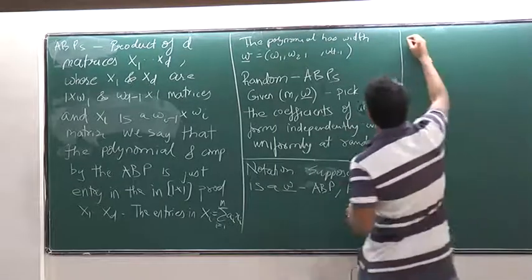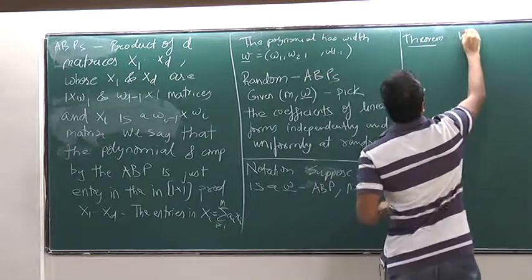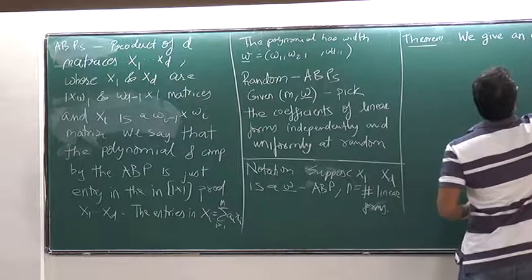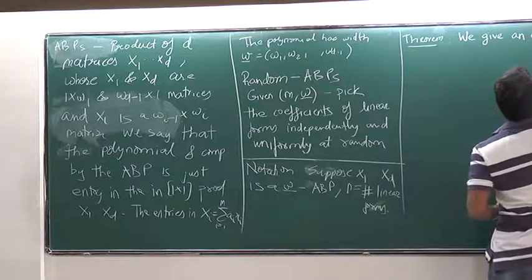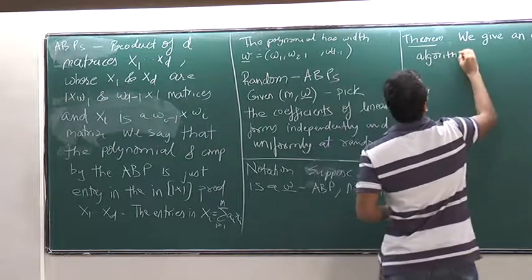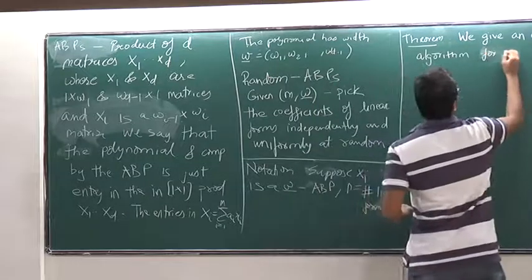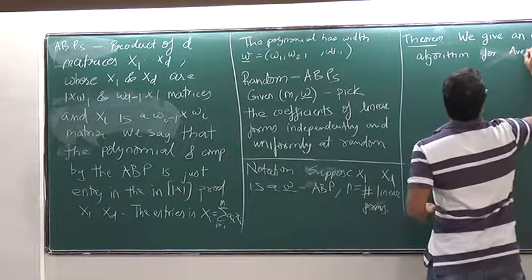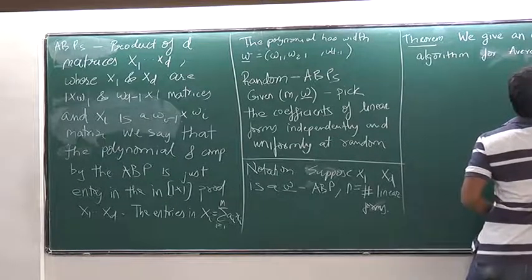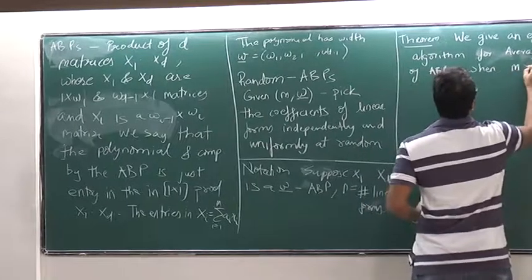So what our main result states is we give an efficient randomized algorithm for average space reconstruction when m is greater than or equal to n.